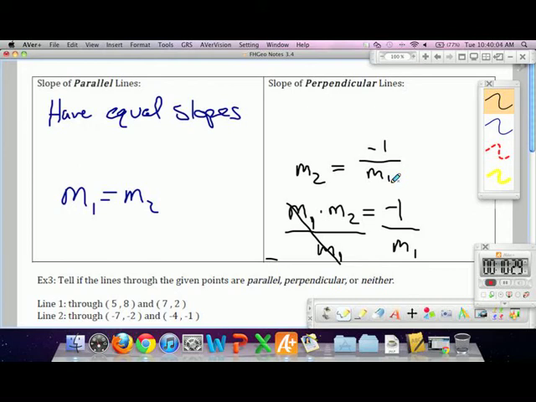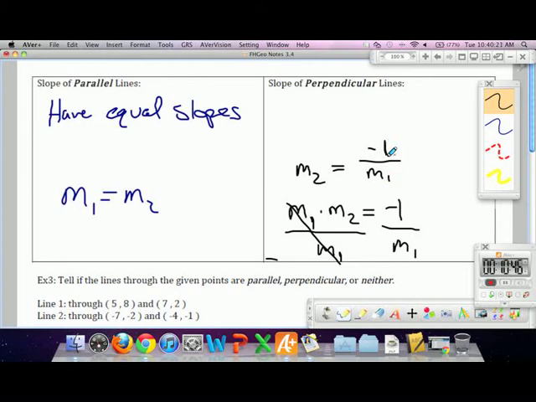Anyone know what this thing's called? Reciprocal. Inverse. It's an inverse, it's a reciprocal. And it's also over -1, it's not over +1. So maybe this will ring some bells.